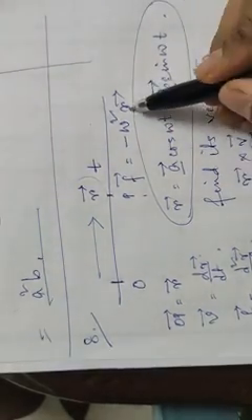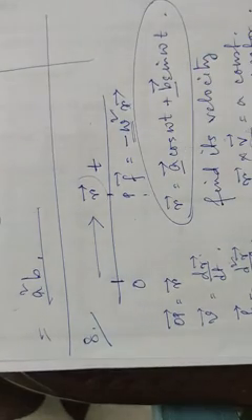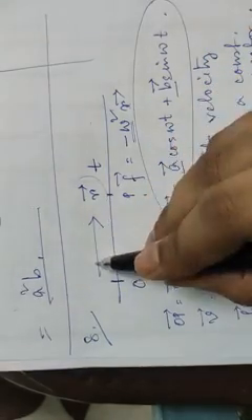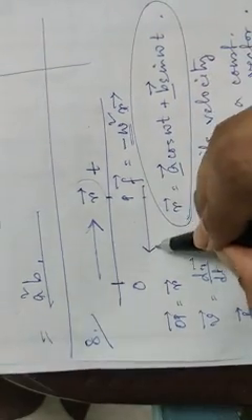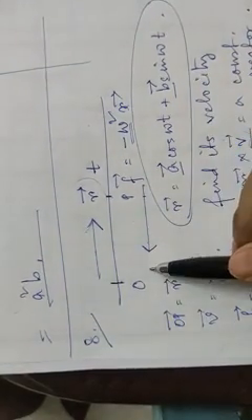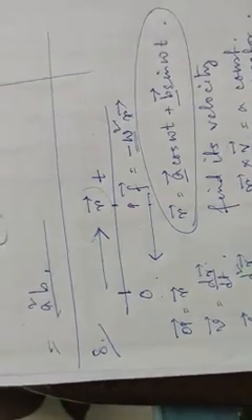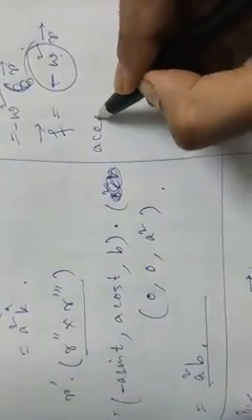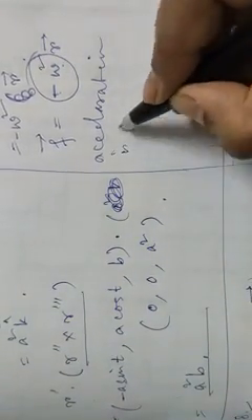That means its direction is always opposite to r, because it is multiplied by a negative quantity. The direction of r is this, so its opposite is this direction, which is towards the origin. So we can claim that its acceleration is towards origin.